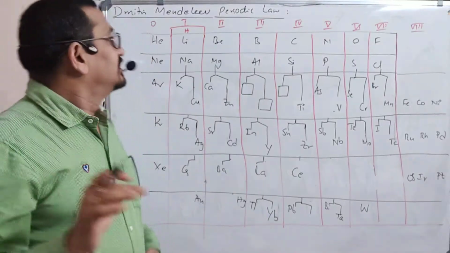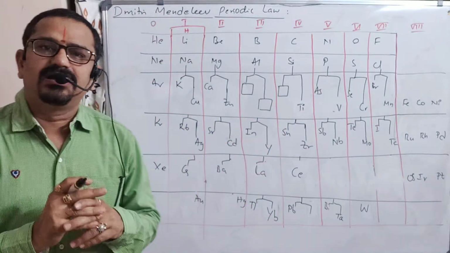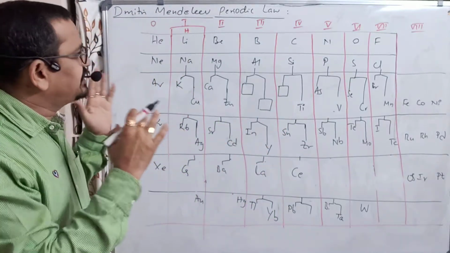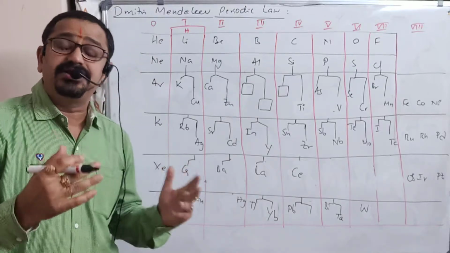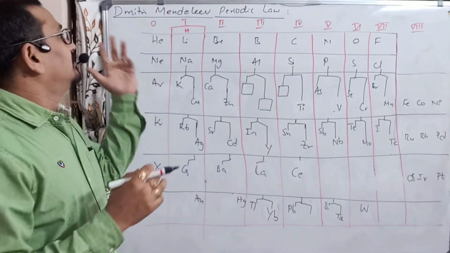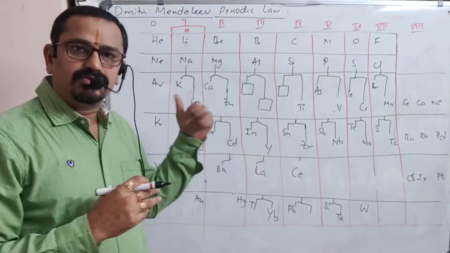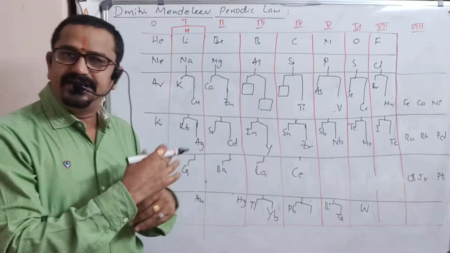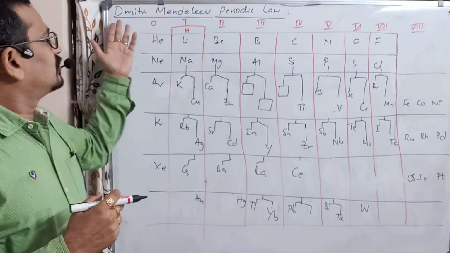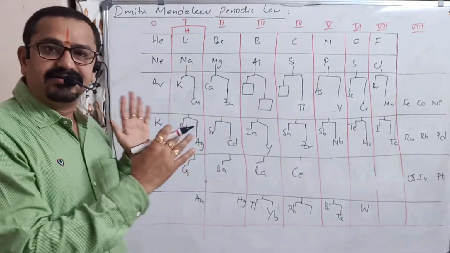Dmitri Mendeleev gave the periodic law after continuous study and application of a wide range of physical and chemical properties. Even though the relative work was done by Lothar Meyer, the whole credit went to Dmitri Mendeleev for his explanatory work.